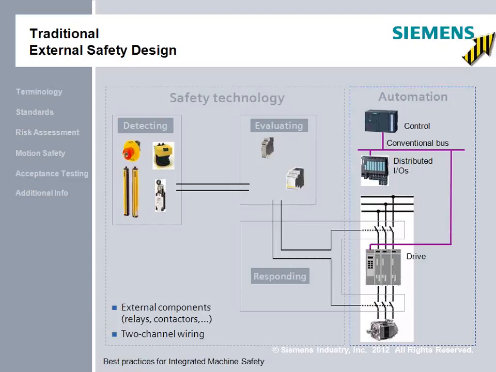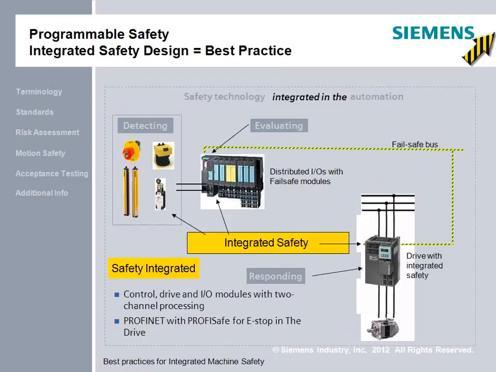So let's take a step further and look at an integrated safety design. This design can be anything from a safety PLC, a safety CNC, or any number of higher level safety control systems. So we have the detection, again, emergency stop and other sensors.